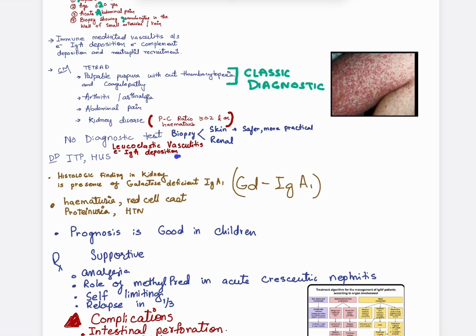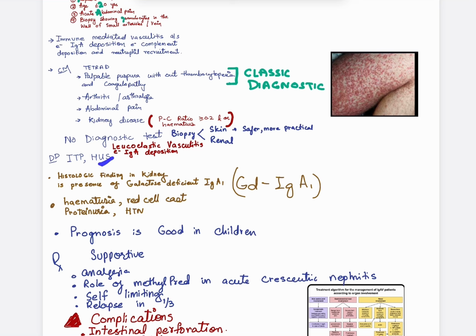In histology, you're going to find a leukocytoclastic vasculitis with IgA deposition. Because it has a purpura, it should be differentiated from ITP and HUS. So in the MCQ scenarios, the other options could be ITP and HUS.